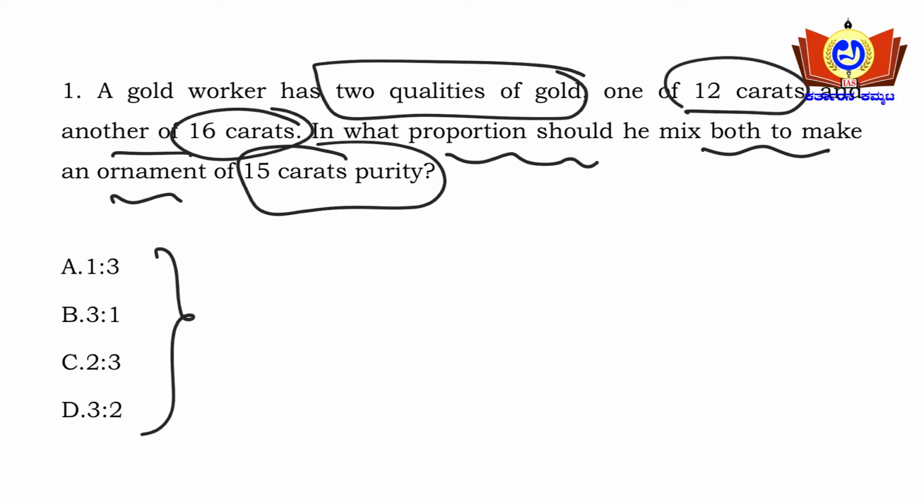So we need to find the ratio of the two qualities of gold to be mixed so that he gets 15 carats of purity. See here friends, I want to tell you one thing. In UPSC prelims, the probability of direct questions based upon allegation is less.